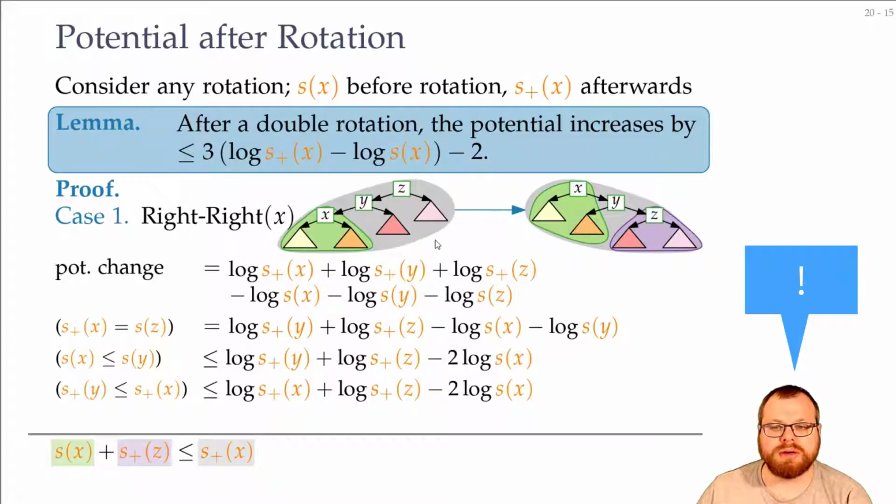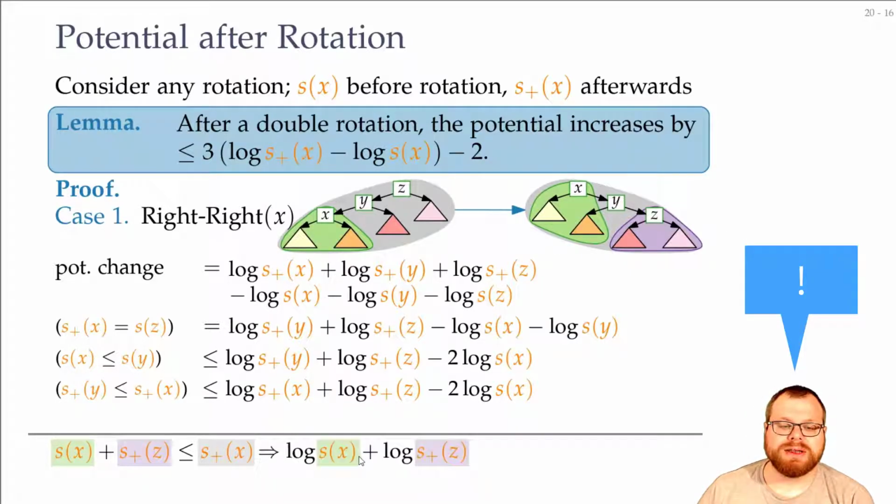So what we know is that this green part plus this purple part is at most this gray part. And this is equal to this. So we have the sum of weights of x, which is the green, plus the new sum of weights of z, which is the purple, is at most the new sum of weights of x.